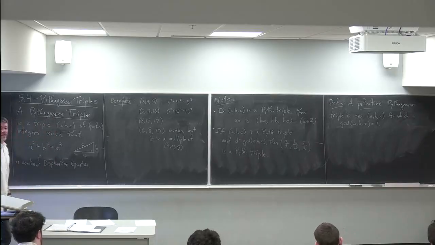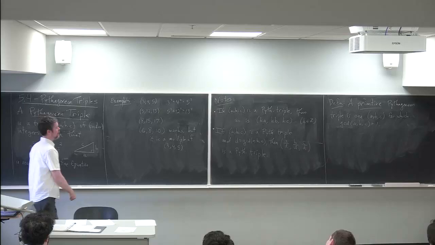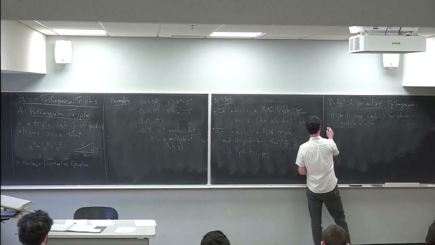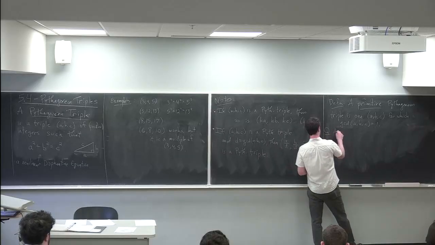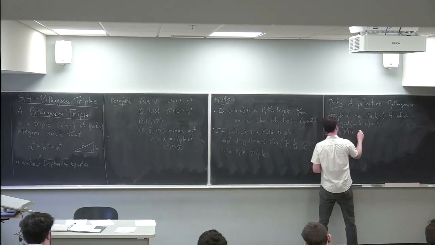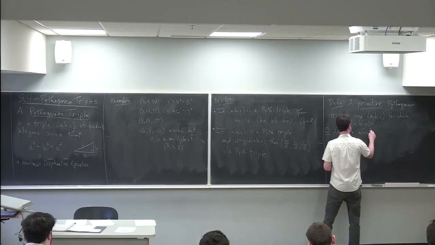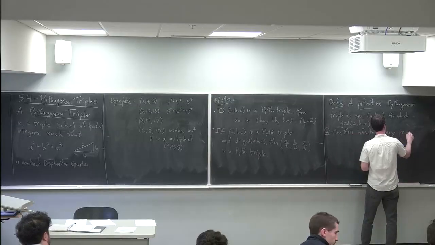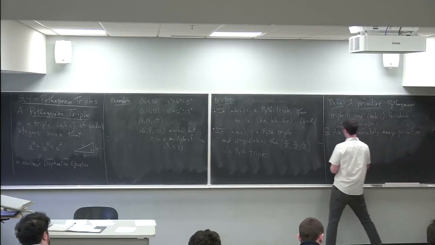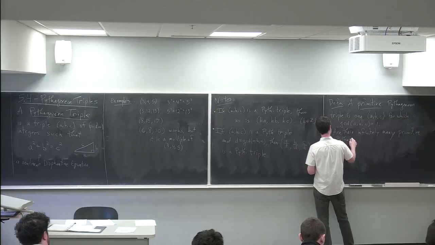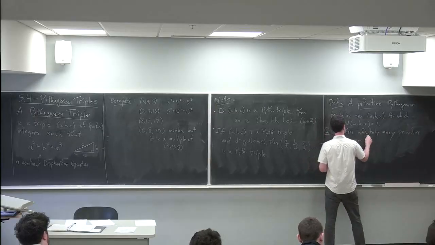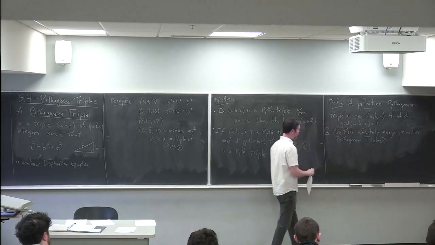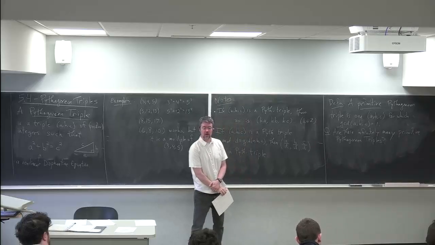And now we can start asking questions like, are there infinitely many of these things? Okay, so questions we pose. Are there infinitely many primitive Pythagorean triples, and if so, can we figure out what they all are?